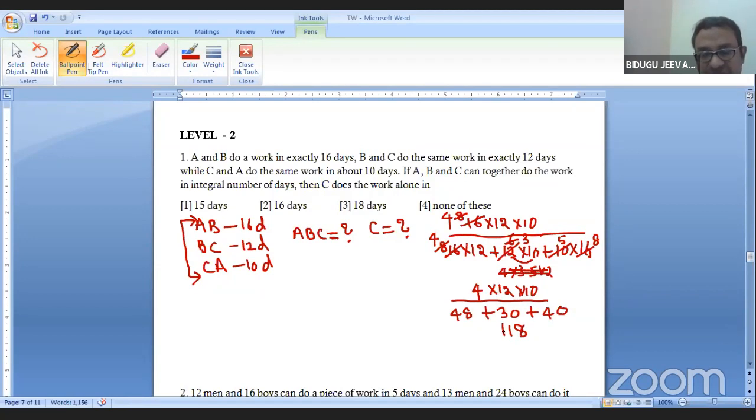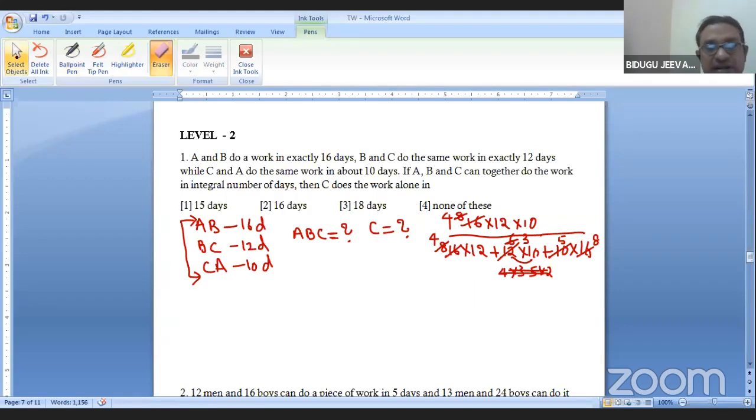If you find difficulty, you can write directly; nothing will happen. 12 sixes are 72, so 192, and 120, 160, which gives 472. I take 16 into 12 into 10 by 472.